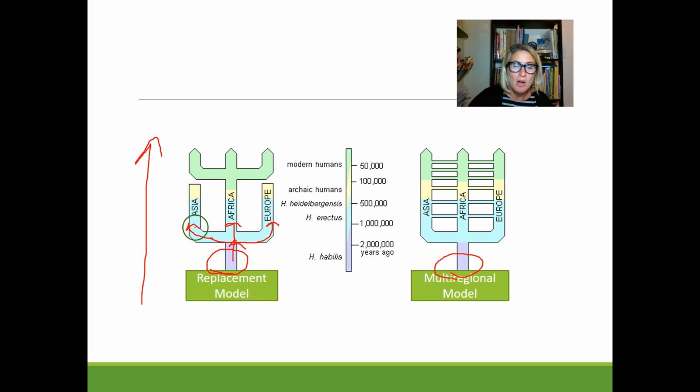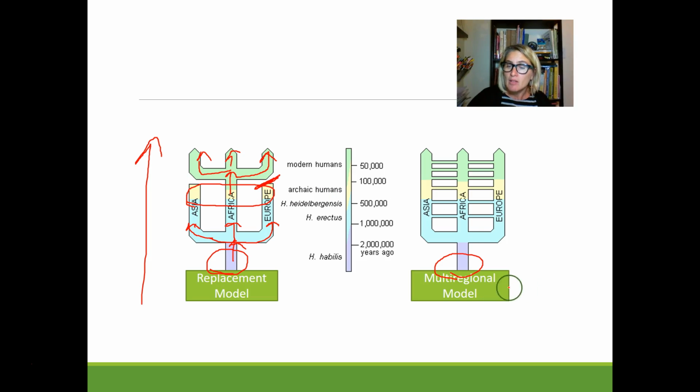This replacement model suggests that then we see these archaic Homo sapiens in Asia, Africa, and Europe, but only in Africa do we see the emergence from those archaic Homo sapiens of anatomically modern Homo sapiens who move out, then continue to populate Africa, move out and populate Asia, and move out and populate Europe, without mixing with these other populations.